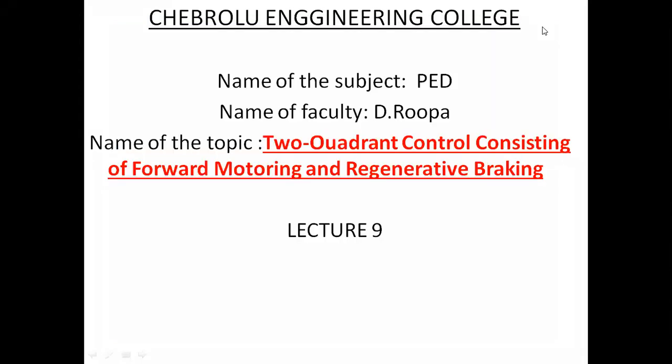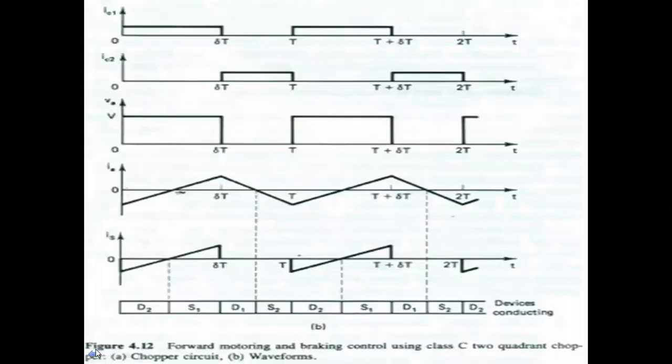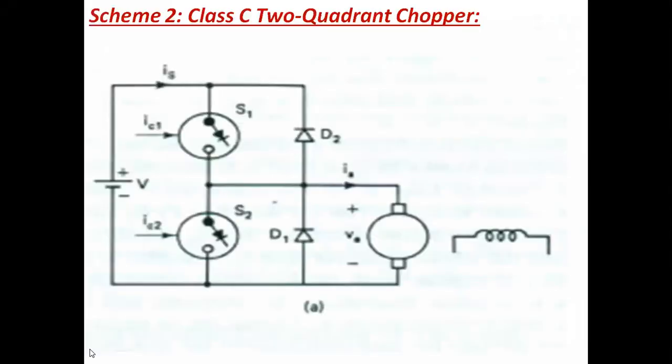Now we are dealing with the topic in third unit, two-quadrant control consisting of forward motoring and regenerative braking. I have explained the figure before. This is the circuit diagram of scheme 2, a two-quadrant chopper. Here, two choppers are used.